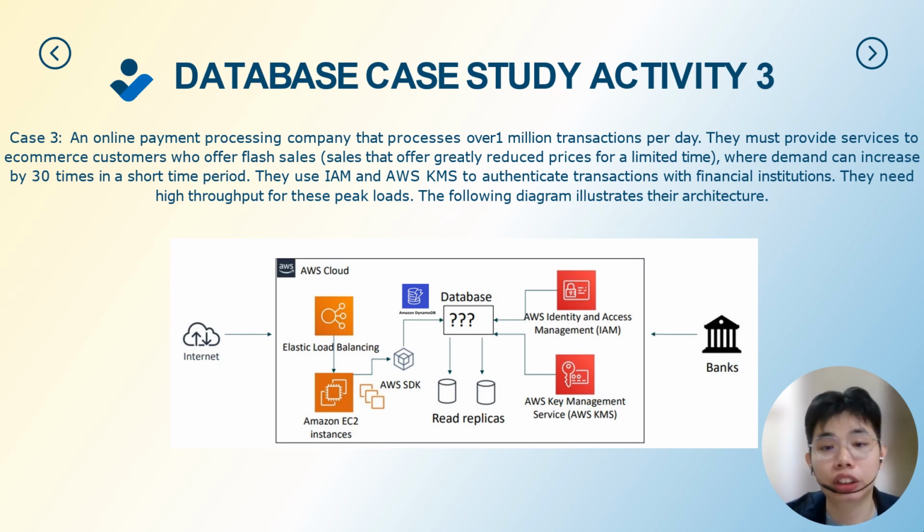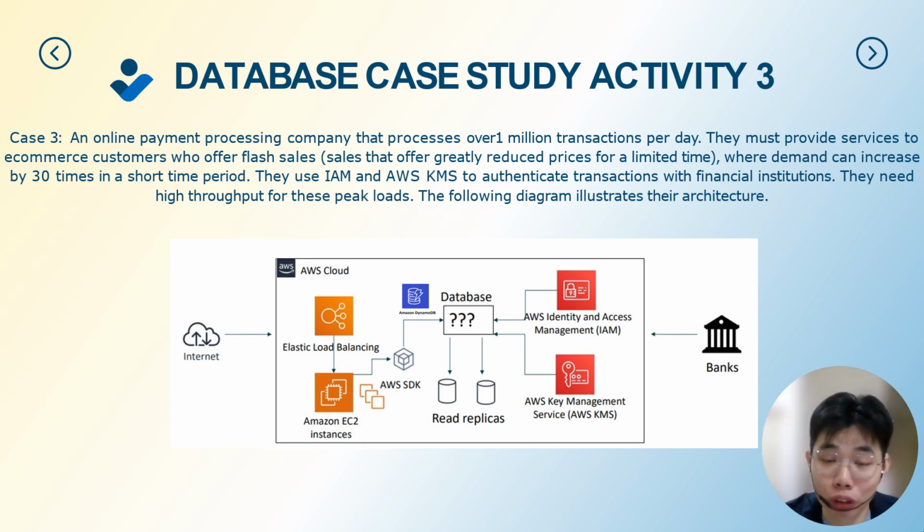They already use AWS services: AWS Elastic Load Balancing, ELB, and Amazon EC2 instances. IAM, Identity and Access Management, and AWS KMS, Key Management Service, are used for authenticating transactions with financial institutions.